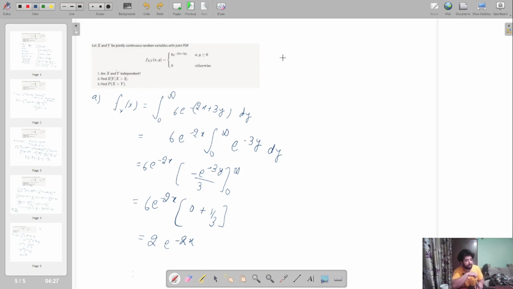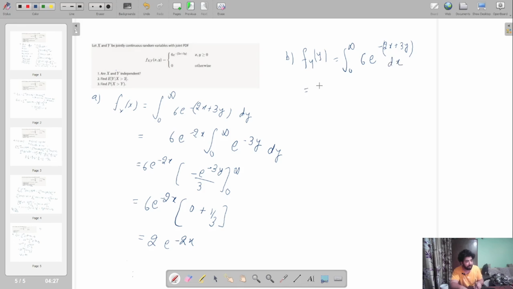Next I have to find the marginal PDF for y. So I can write down a similar function here, with 0 to infinity, 6 e raised to the power minus (2x plus 3y). This is in brackets, and I have here dx.